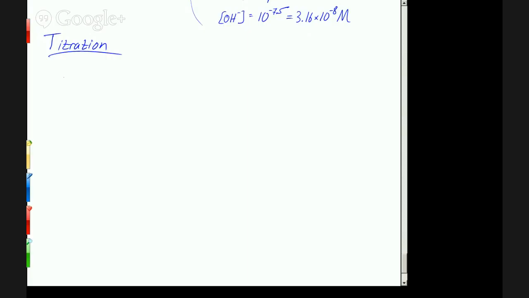Titration is not just used with acids and bases. It's this classic lab experiment that if you've ever taken any chemistry before, you probably did a titration. If you take chemistry again, you will. But it's actually still used a lot in analysis. So when you send medical samples to a lab, if they're testing for certain types of dissolved ions or other things, they'll use titration.